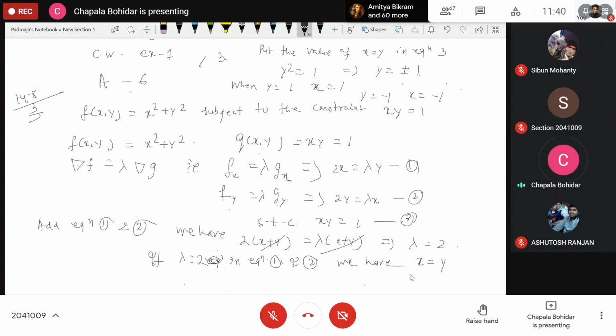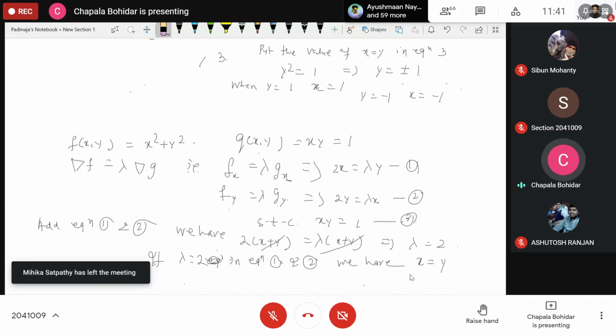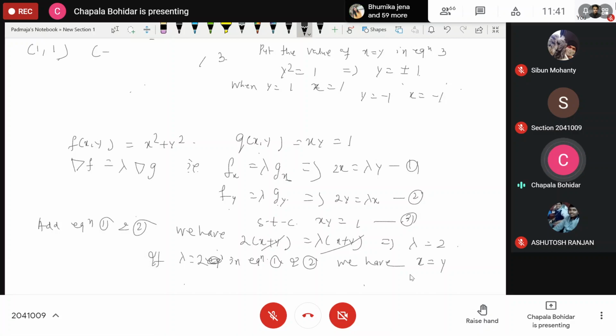Here, x is equal to y. By putting the value of y, my critical points are (1, 1) and (minus 1, minus 1).